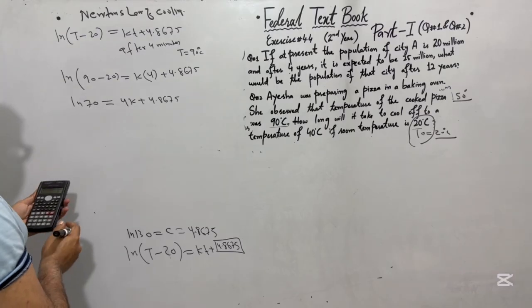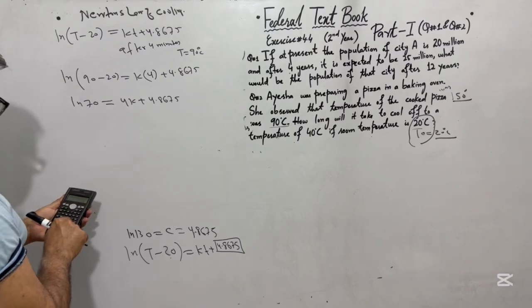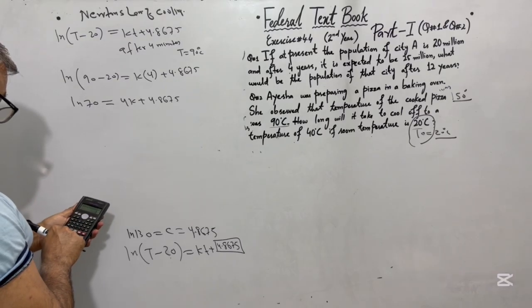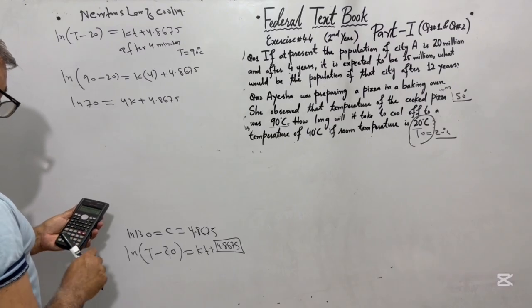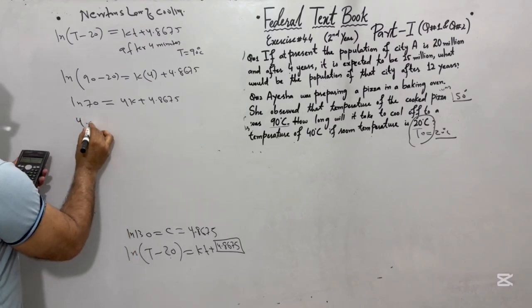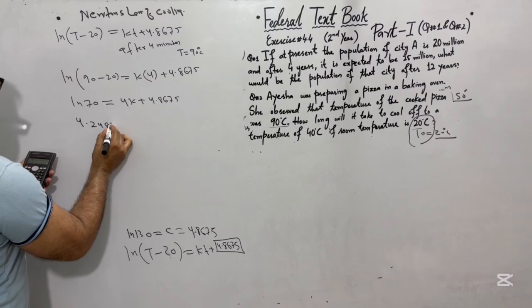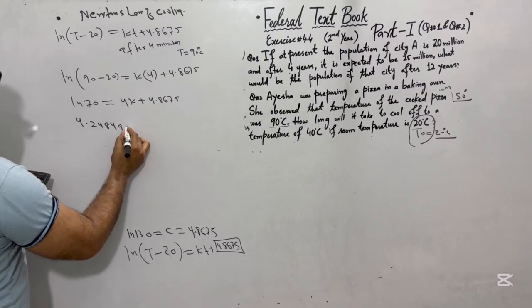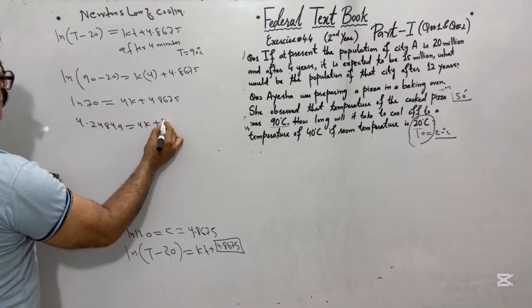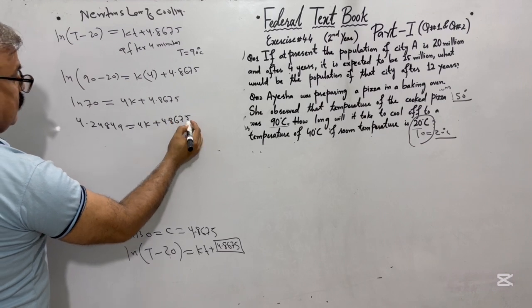ln 70 is 4.248. 4.248 is enough. 4K plus 4.8675.